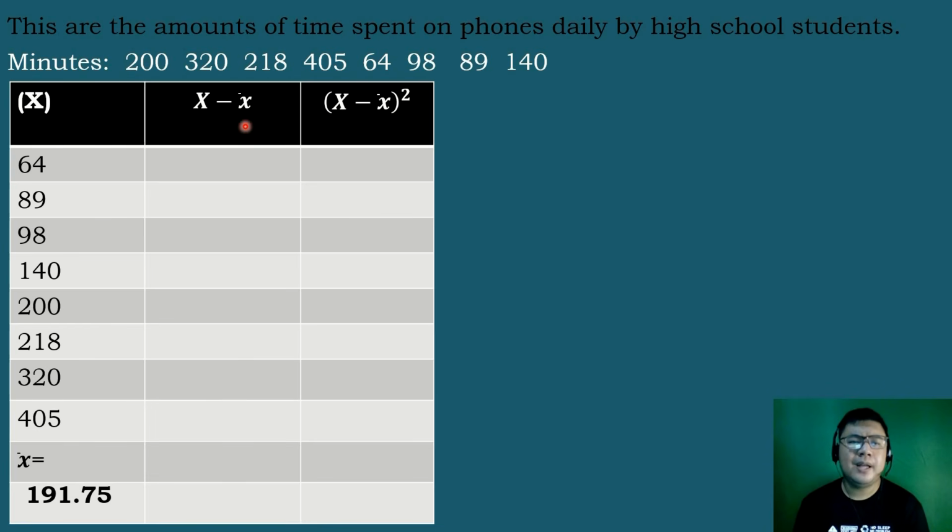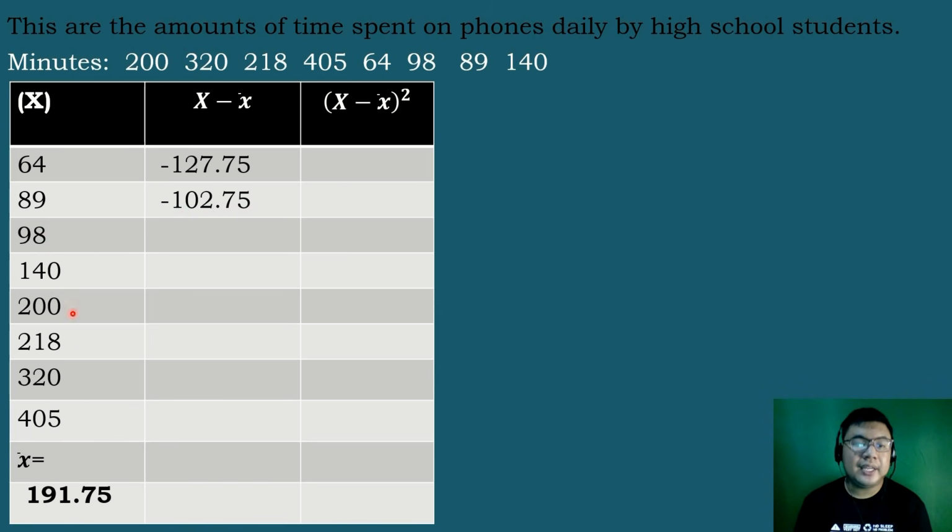Next one, let's fill up this column. So we have each value minus mean. So we will just subtract these two numbers. So 64 minus 191.75 is equal to negative 127.75. Next one, 89 minus 191.75 is equal to negative 102.75.